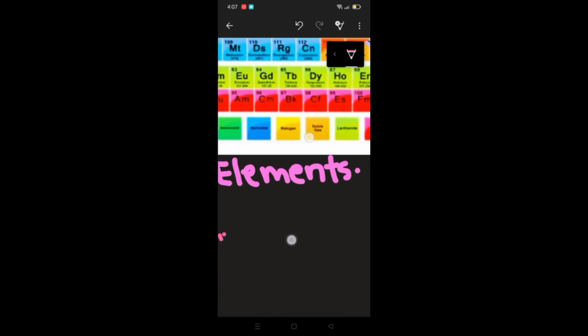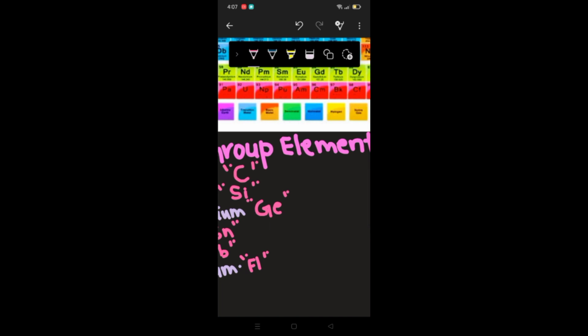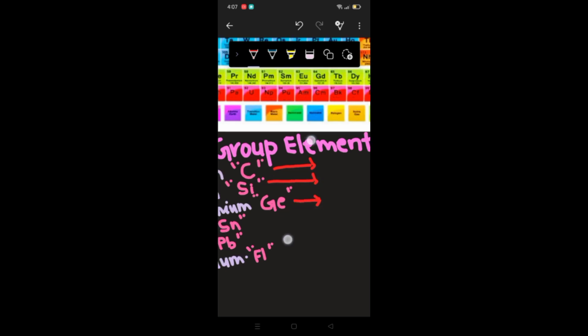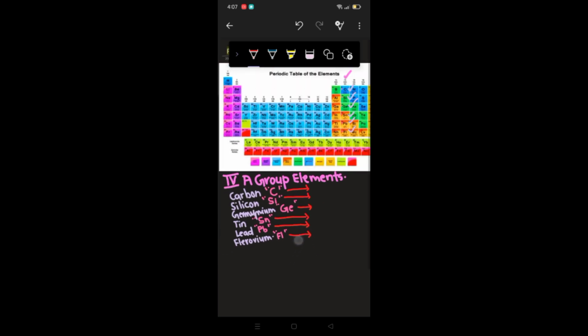So let me write down the atomic numbers. Let me make the arrows first, so that I can write the atomic numbers.